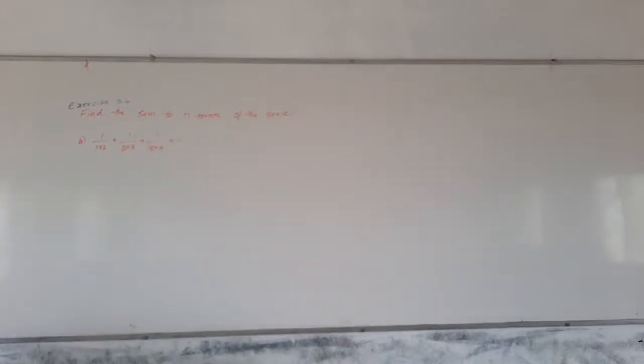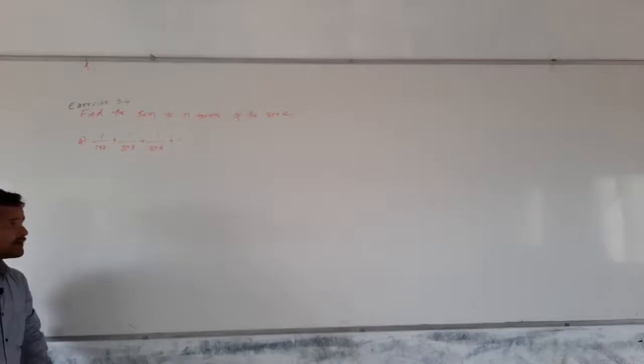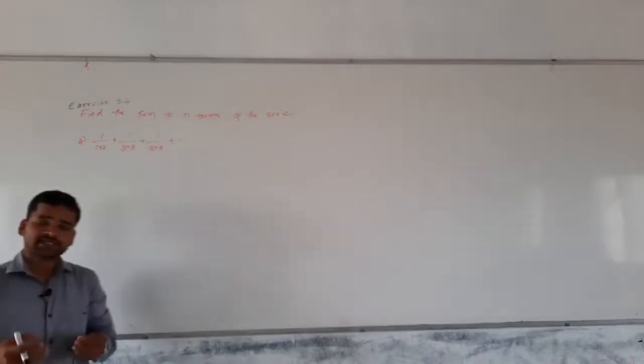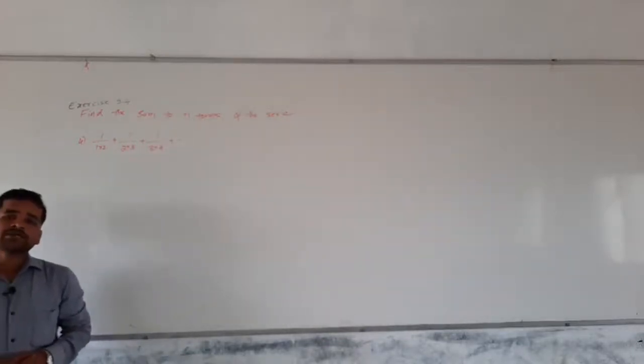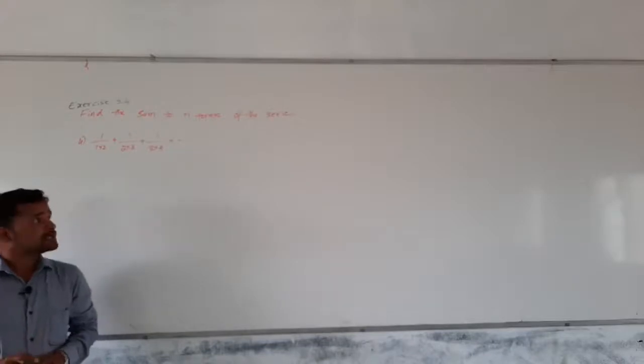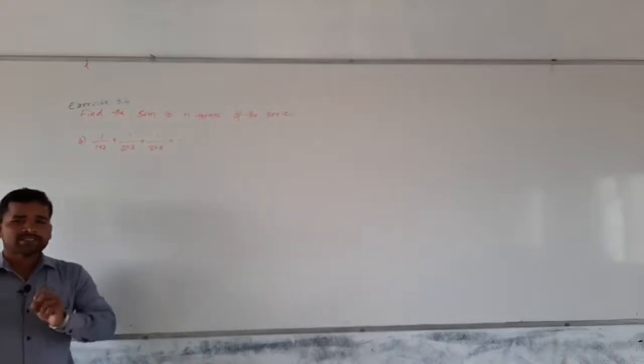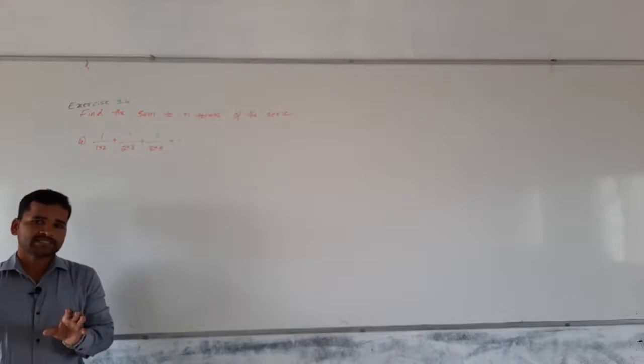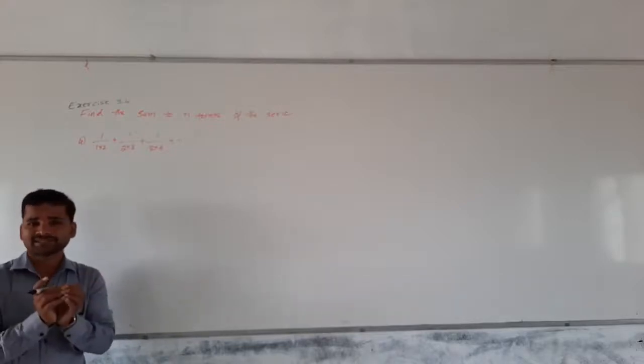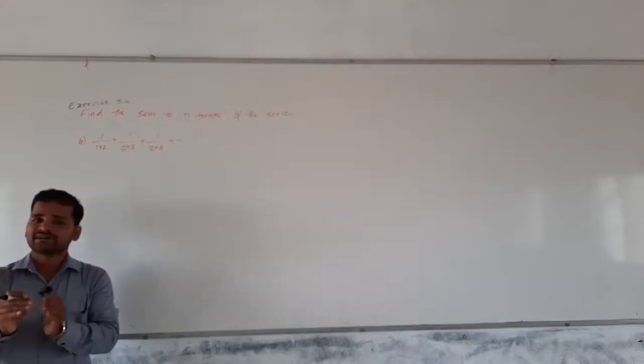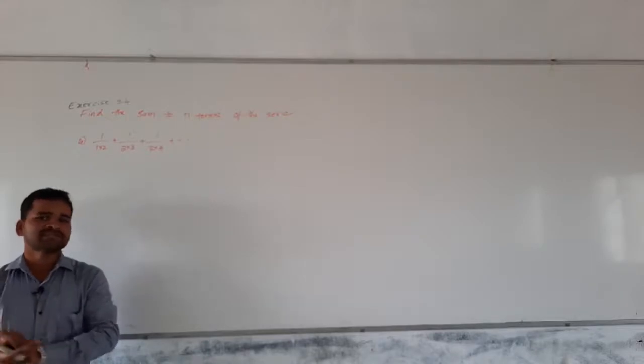To solve this problem, we will use a method known as the method of partial fractions. Partial fractions, that word will be new, means in simple words I will explain. Partial fraction in the sense writing a complex term as a sum or difference of 2 or 3 terms.